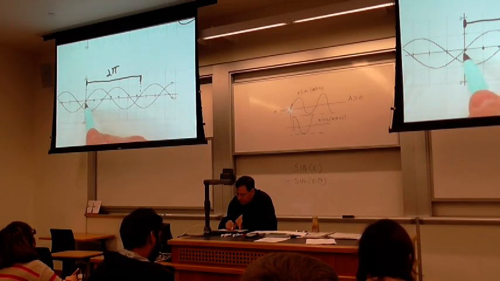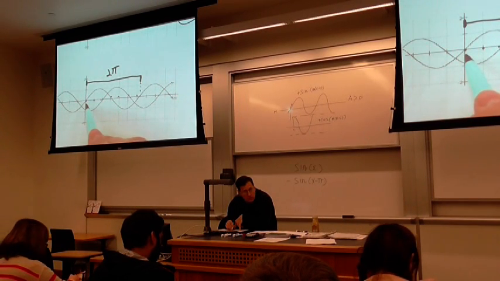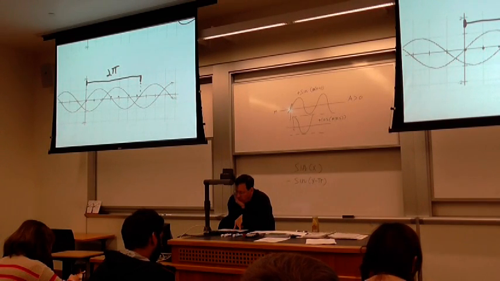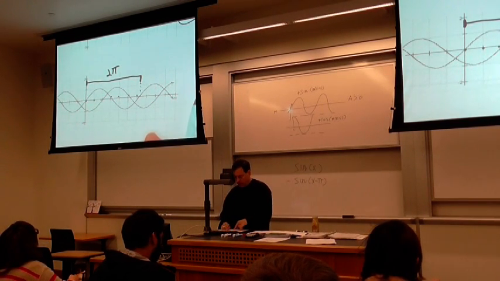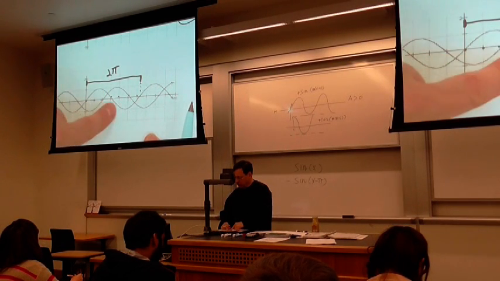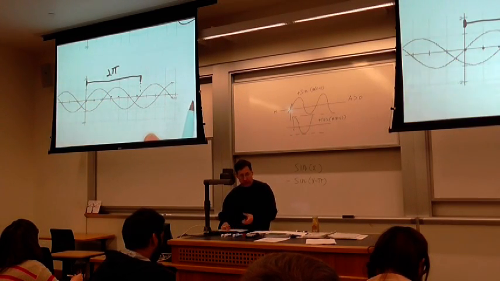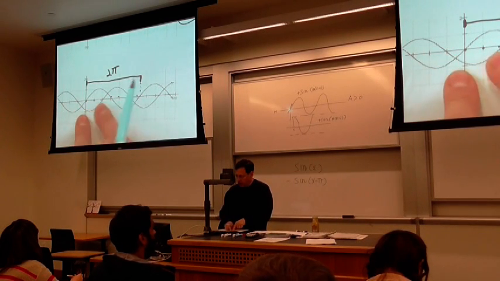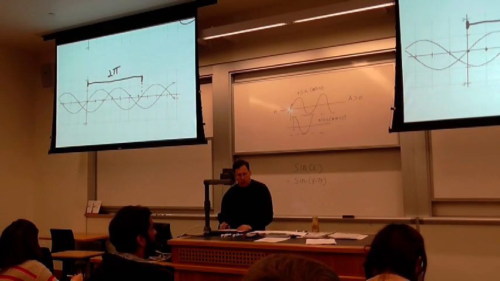Is it a reflection? No, not quite. I think what you mean is half a period, where one is up and the other is down. But if you look, these are a little askew. It's not quite a half period.